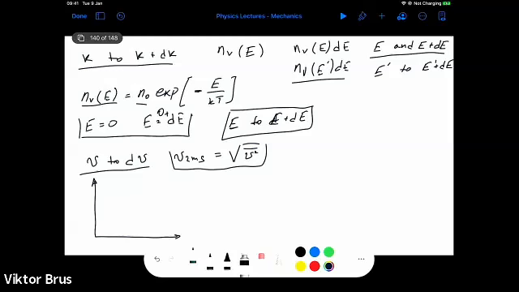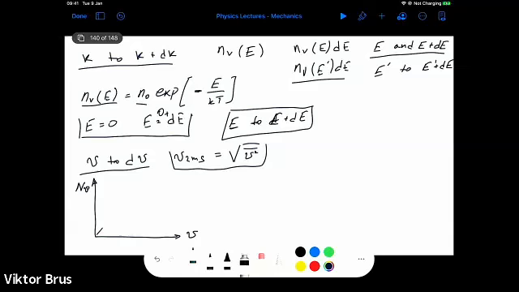It will be the axis for speed. Then it will be some N(v), which defines the number of molecules which will possess a certain speed, and it's called the Maxwell-Boltzmann speed distribution function.